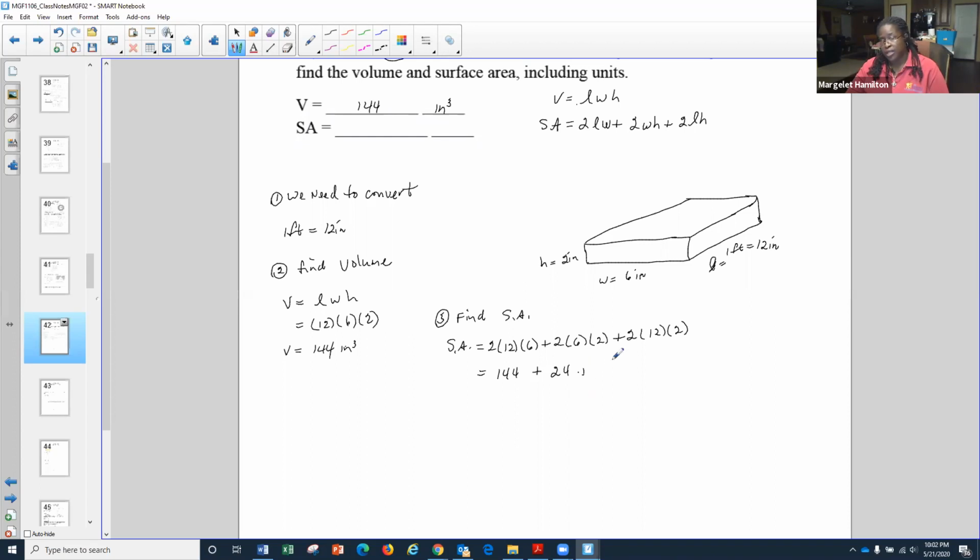And then plus 2 times 2 is 4. 4 times 12 is 48. Add all that up and we get 216. We're back to area now. So surface area means squared units, inches squared. So 216 inches squared.